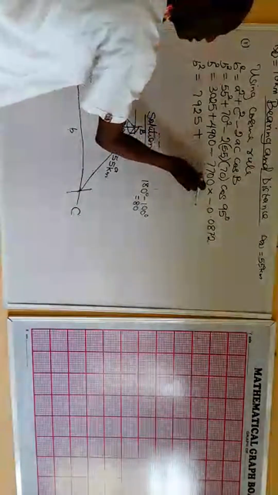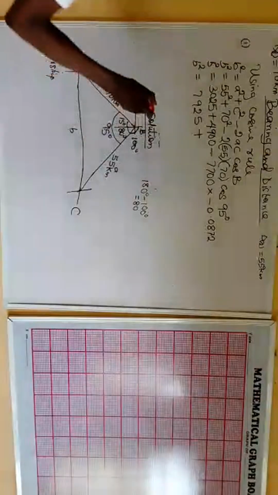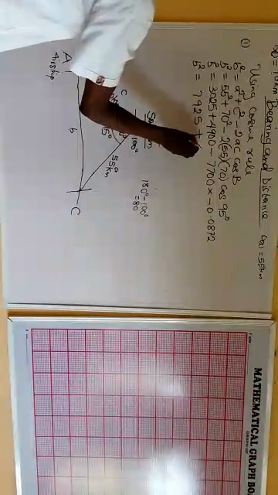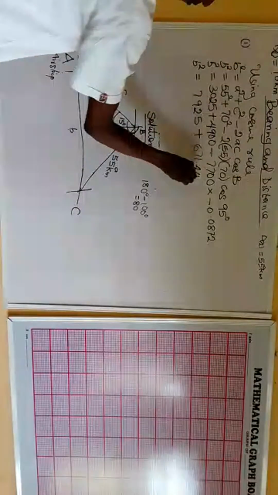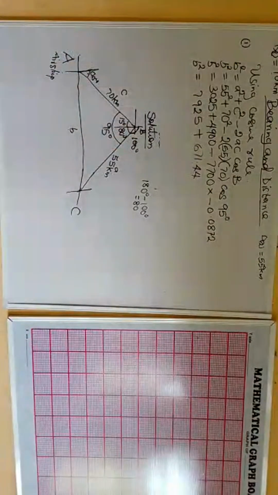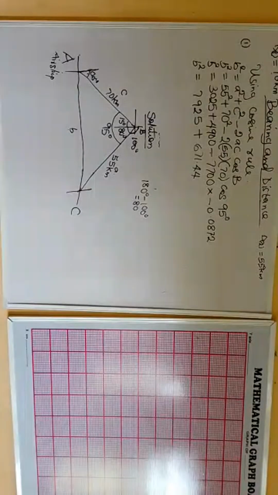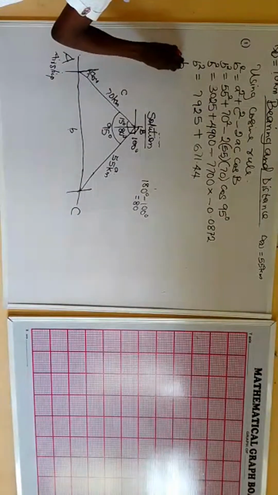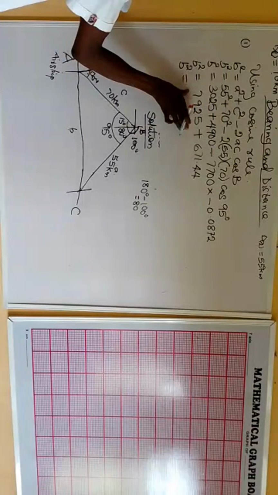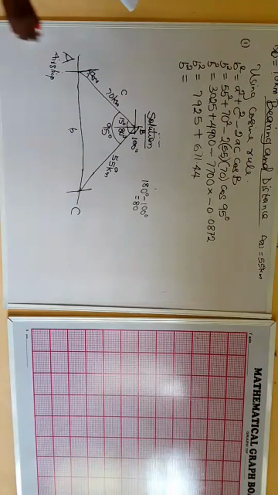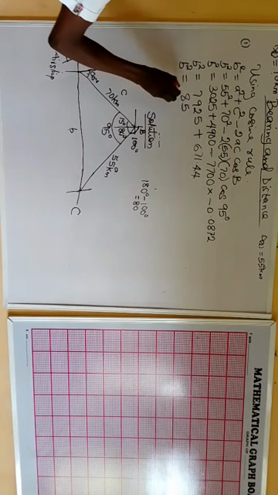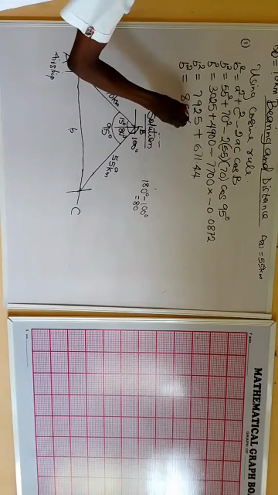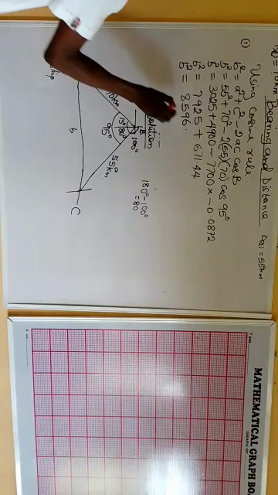When you use this to multiply this, you will get 671.44. Now, what is b squared? We add these two together. When you add them together, it will give you 8596.44.